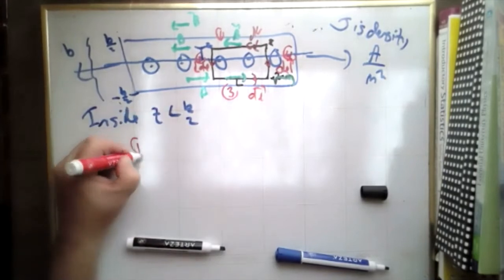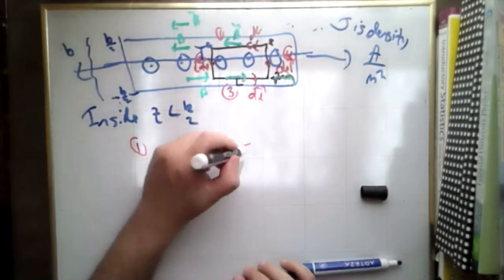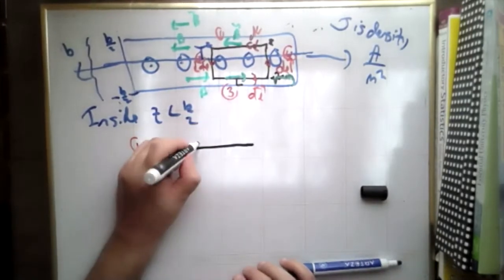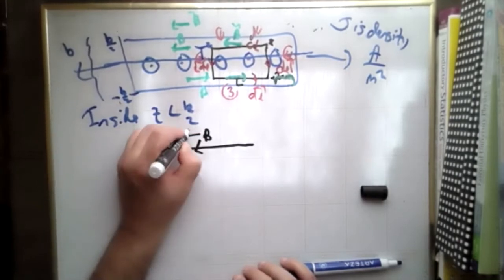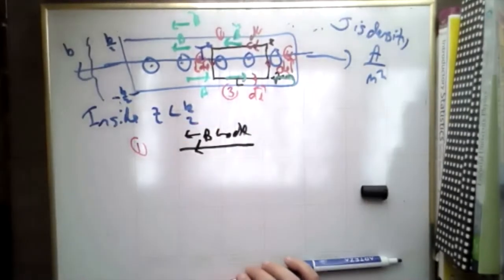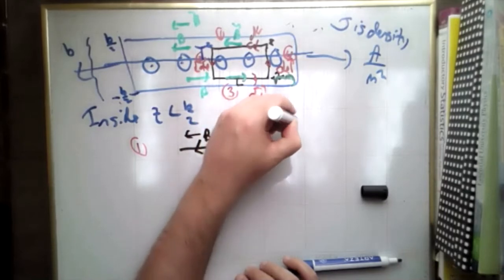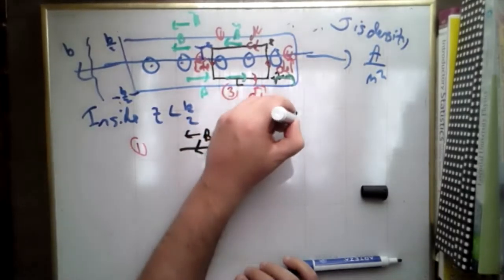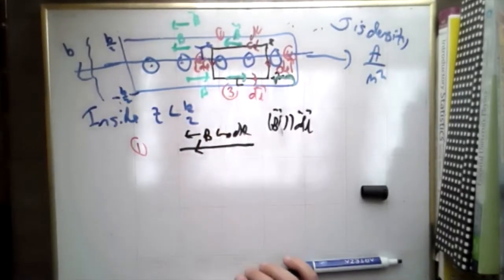On section 1, I'm just going to redraw this section here. I was going in that direction. B pointed in that direction. DL pointed in the same direction. B and DL were parallel. The dot product of parallel vectors is just the product of their magnitudes.